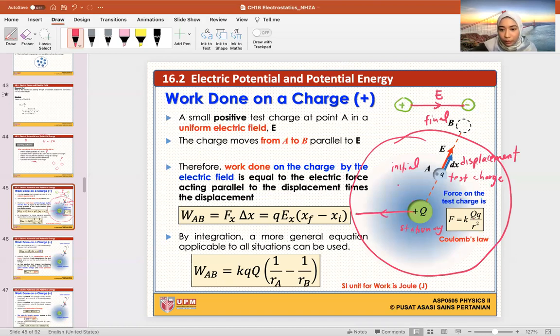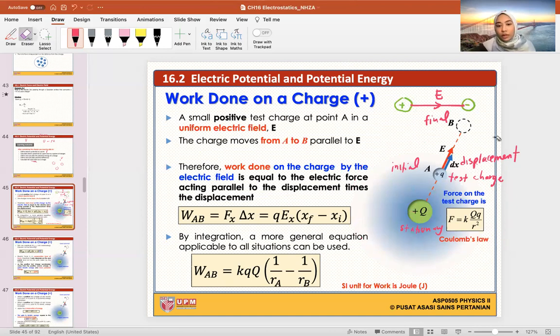If I were to draw my electric field, it would look like this. That is my E. We will assume it is uniform. But this is too ugly, so let's just remove it. Please bear in mind that the electric field is uniform, but we are going to look at it in one dimension for now.